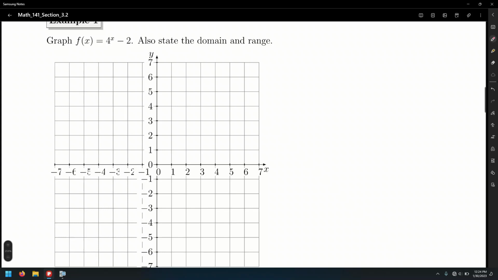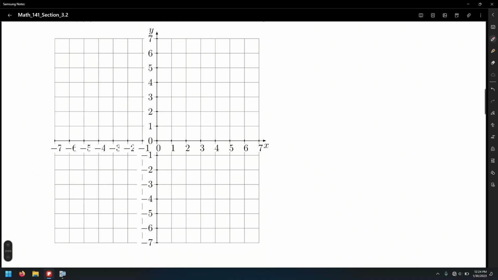And usually we work with grids that are 10 by 10. Well, in my case here I have a 7 by 7. However, we're going to use shiftings and transformations to graph this function, which is a lot easier. In the same way that we did these shiftings and transformations for the rational function last week, it works the same.